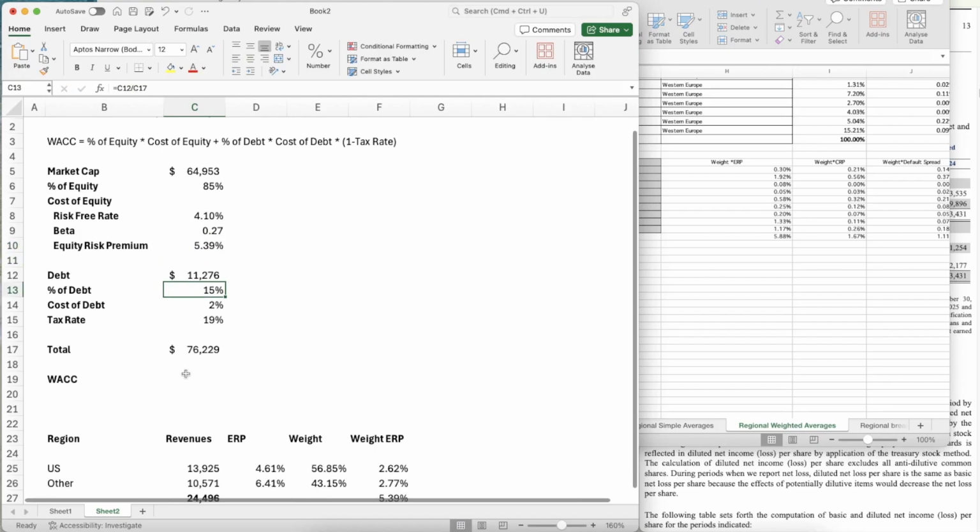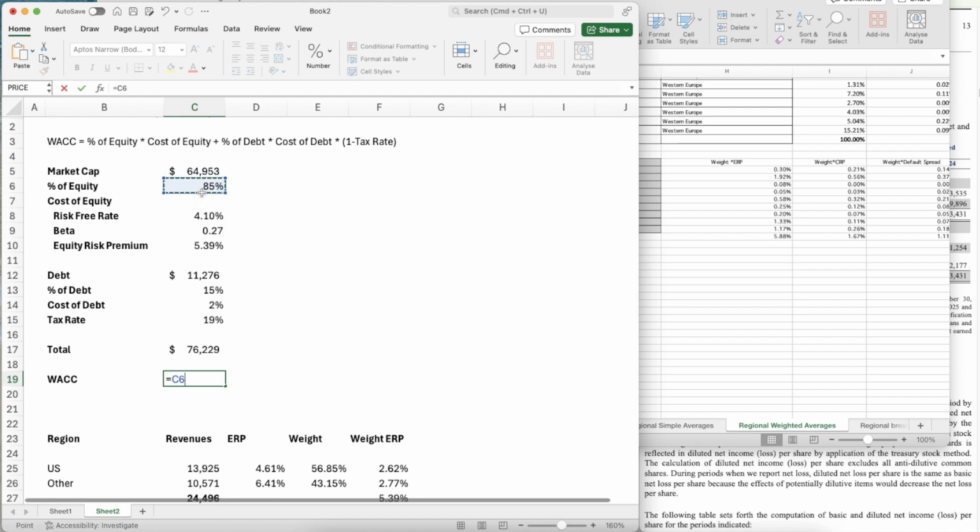Almost done. Okay, now we can calculate the WACC. We go equals, we take our percentage of equity multiplied by our, oh, sorry, I haven't even done the cost of equity yet. Apologies.